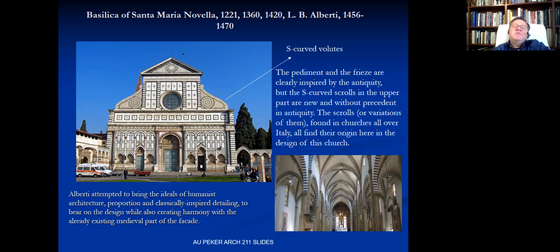The existing church was a basilica, a typical basilica of aisles and a central nave. This idea of harmonious relationships between the parts, proportions, and so forth, altogether shaped the mentality of Alberti, and he approached this facade with those in his mind.